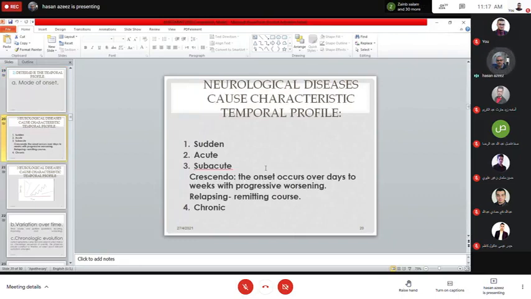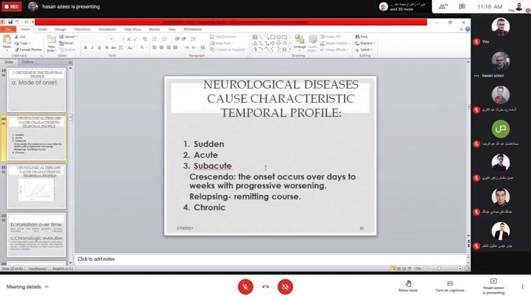There are characteristic temporal profiles in neurological diseases: sudden, acute, subacute, and subacute divided in two types: crescendo and relapse remitting, and chronic. So any patient with sudden onset, what comes to my mind is that the patient has vascular or traumatic cause or seizure.